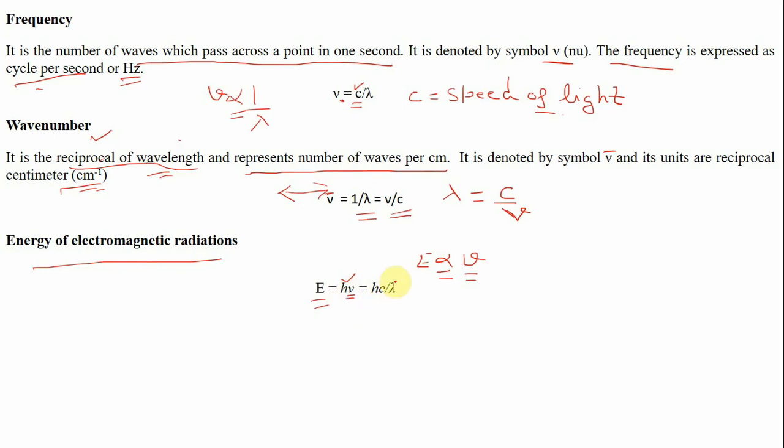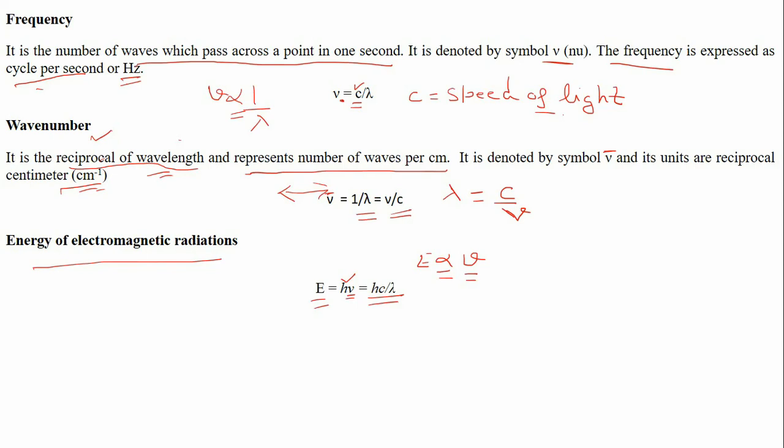Since nu is equal to c upon lambda, it can be written as hc upon lambda, where hc is a constant. So from here we can say energy is directly proportional to frequency. So the more the frequency, the more the energy, and it is inversely proportional to the wavelength of light.